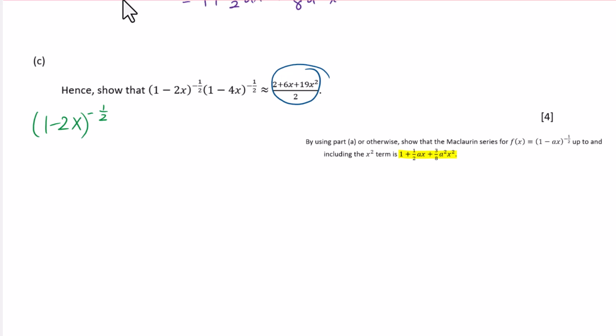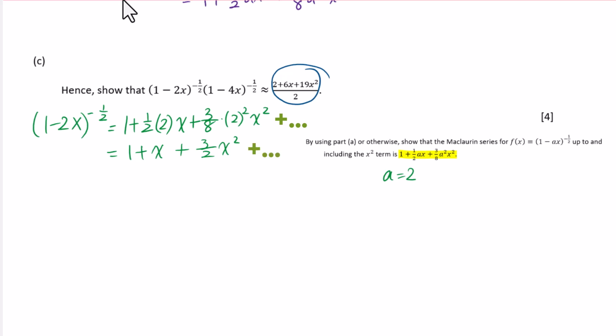We will make a equals 2 first. Equals 1 plus 1/2 times 2x plus 3 over 8 times 2 squared x squared, which is 1 plus x plus 3 over 2 x squared.